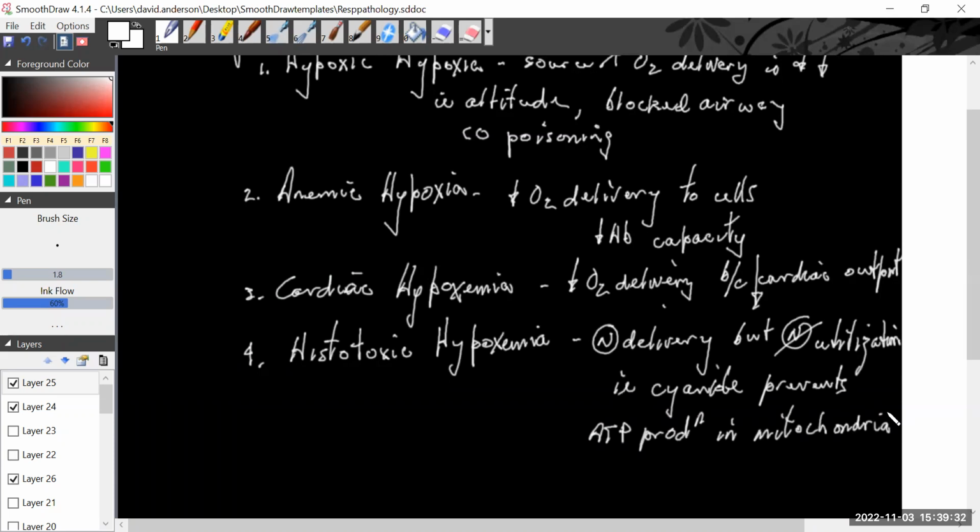So those are different reasons why tissues won't get an adequate oxygen supply, and as a result are going to be in some kind of distress.